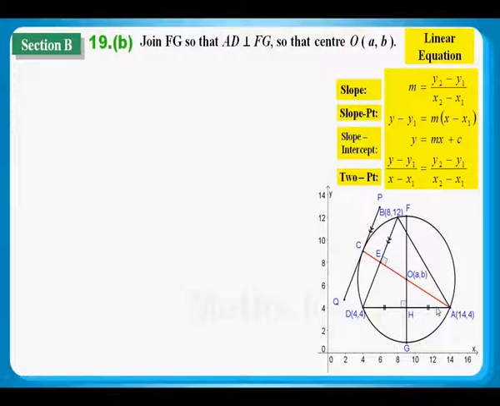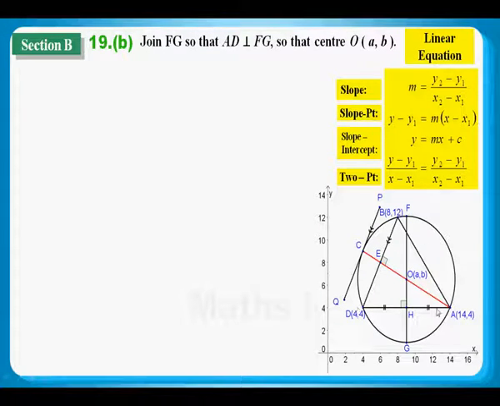How can we find the coordinates of the center? Now look here. We have to find H first. Because H is the midpoint of AD, I can easily find the coordinates of H. Now we are at level 4. I always say that the y coordinate is actually giving us the level.